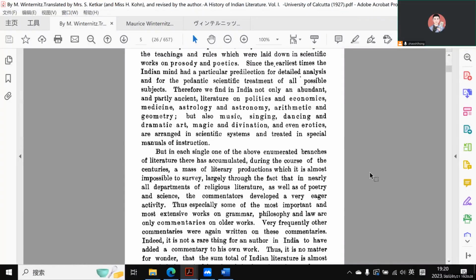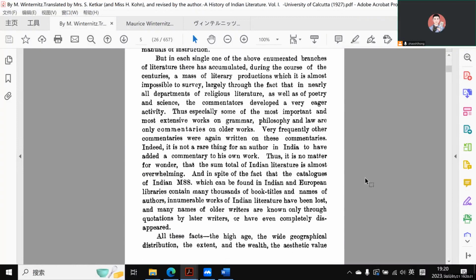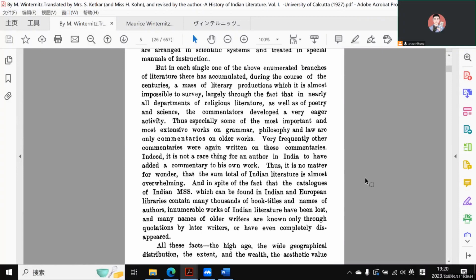Okay, then let's continue. One point we should be aware of when we read Indian literature is that the edition we are reading today was originally composed on many different kinds of materials, such as paper, birch bark (白桦树皮), and even some kind of patra leaves (贝叶).